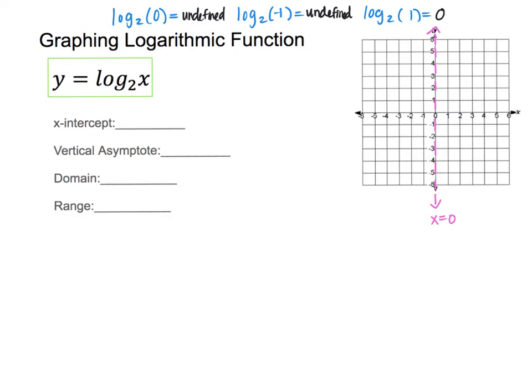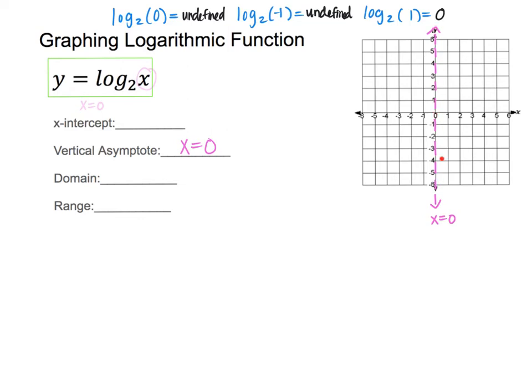So one way we can figure out the vertical asymptote without always investigating like this is you can take the inside of the log, and you always set it equal to 0. So if I just set x equal to 0, because that's the only thing inside my log, well, that means that the asymptote has to be at x equals 0, and I've already drawn a vertical dashed line at x equals 0.